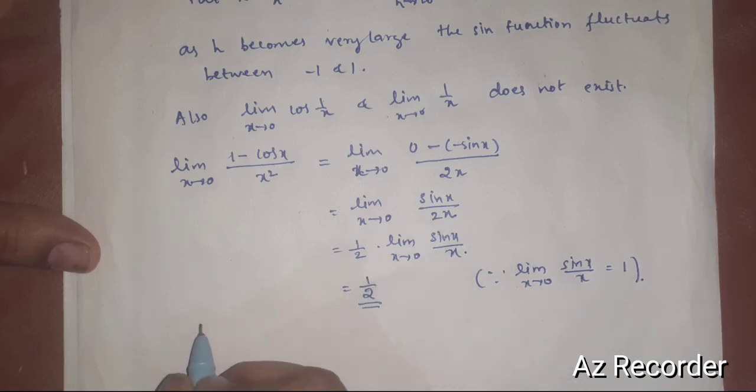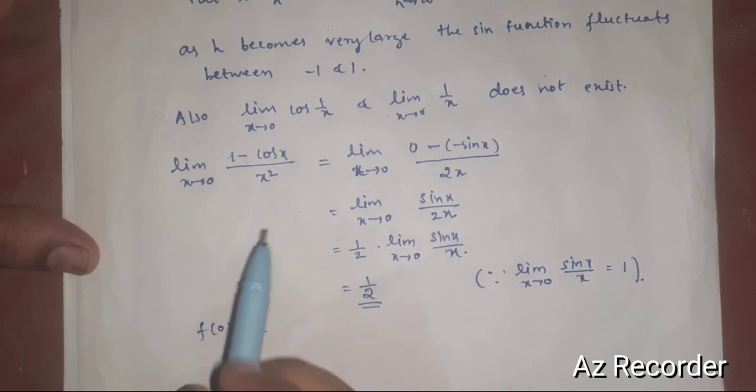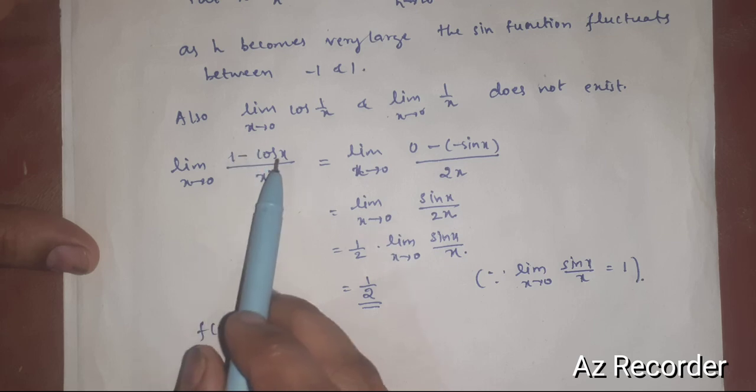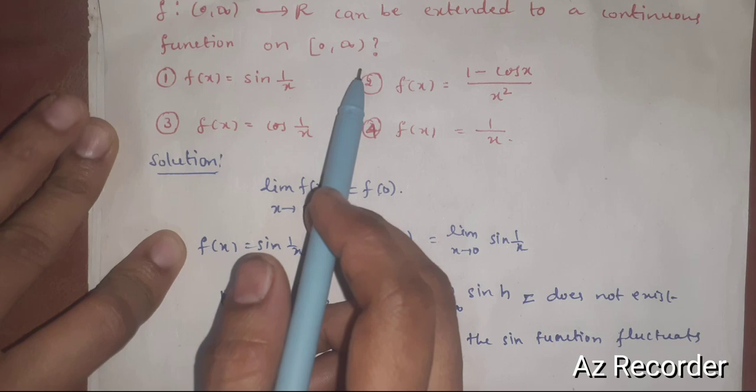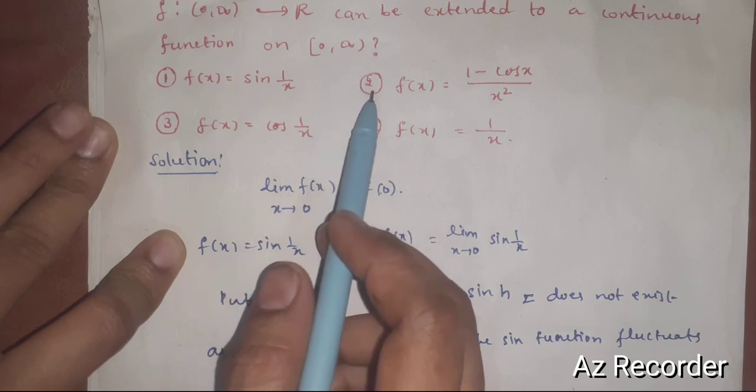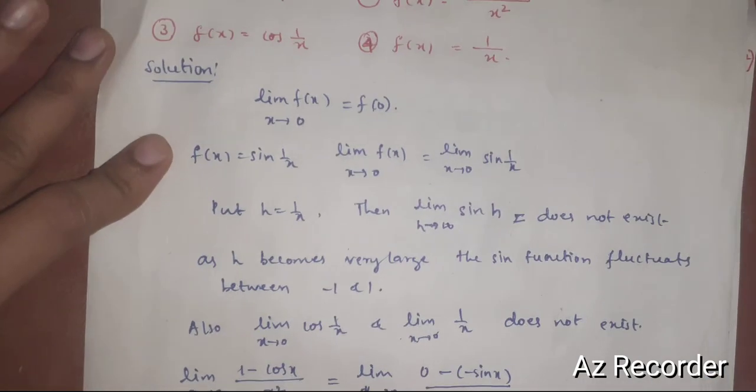So if you define f of 0 as 1 by 2, then we can extend this function to a continuous function on the half closed interval 0 to infinity. So option number 2 is correct.